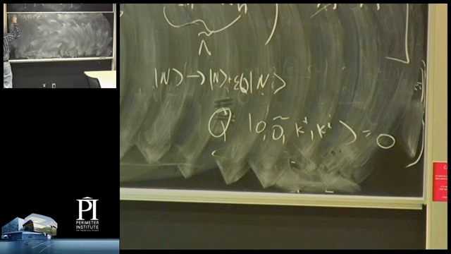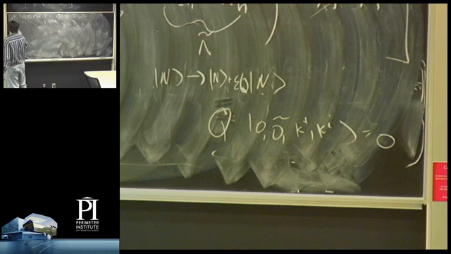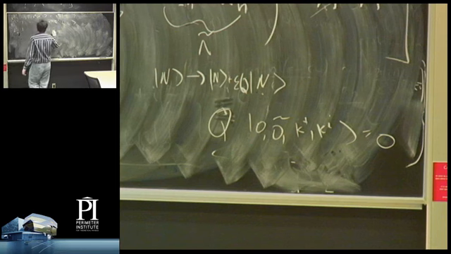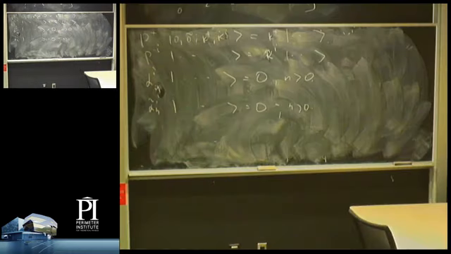We define the ground state in the following way. I have the center of mass momentum k, and then I'm requiring that all lowering operators annihilate it. And then I can construct a general state, and the general state is constructed again by acting with raising operators.